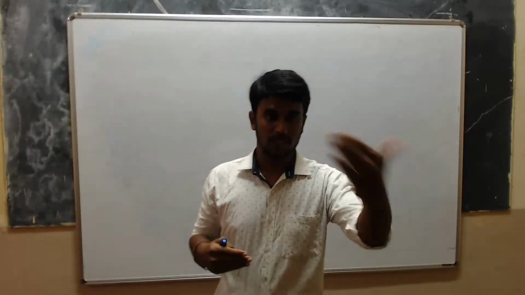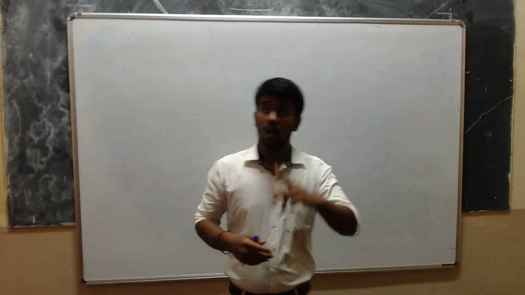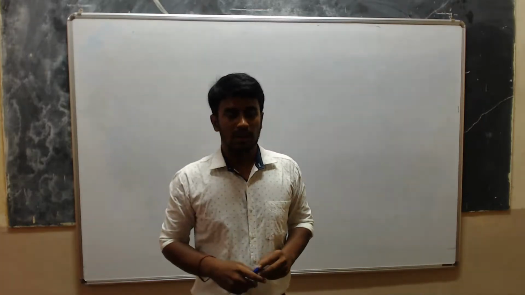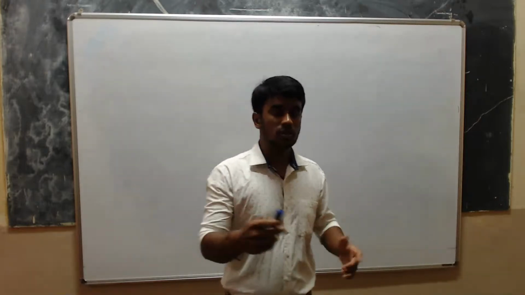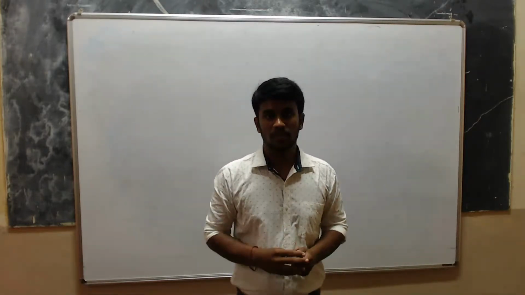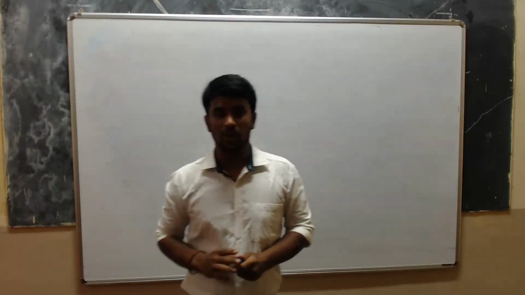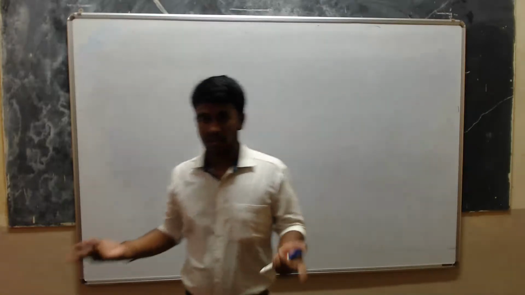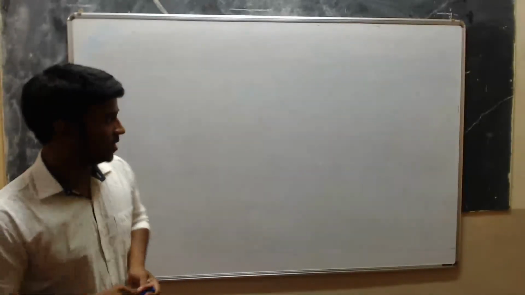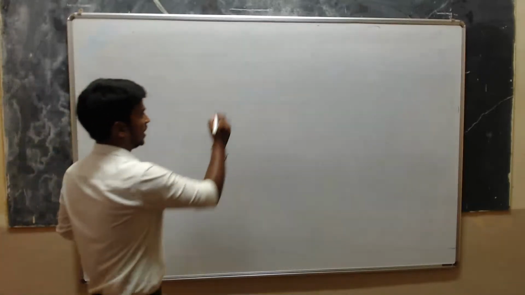I am here and you are sitting in front of me. All the lights are turned off. I think I am not able to see your face. Now I want to see your face. How can I see? Yes, that is because of light. Here, light is necessary. Without light, we can't see things. Hope you got an idea which chapter I am going to deal with today. That is light.